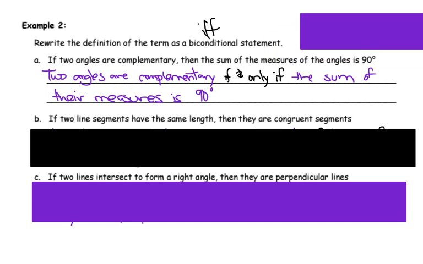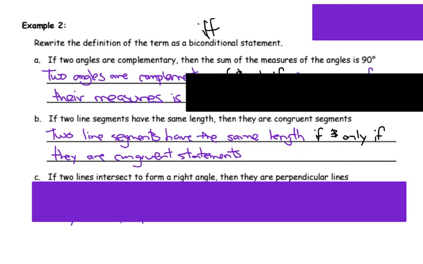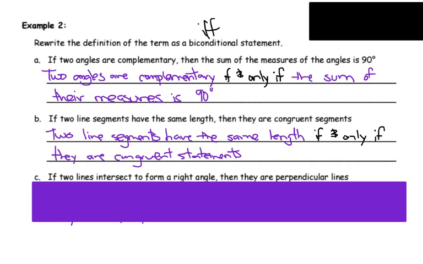It would state: two angles are complementary if and only if the sum of their measures is 90 degrees.